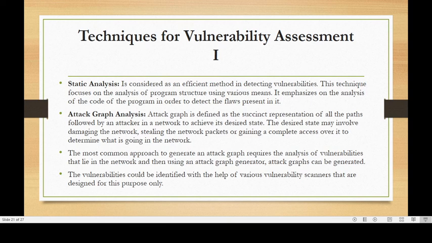It emphasizes the analysis of the code of the program in order to detect the flaws present in it. Types of static analysis include lexical analysis, which includes tools like ITS4, Checkstyle, and PMD, type inference, constraint analysis, among others.